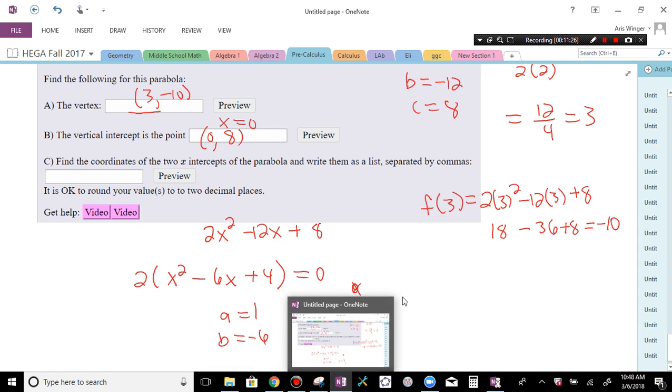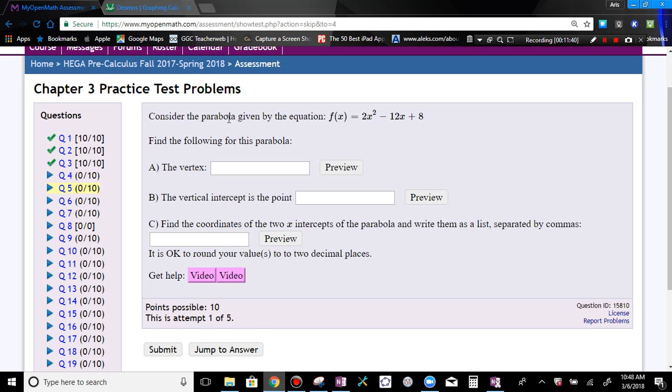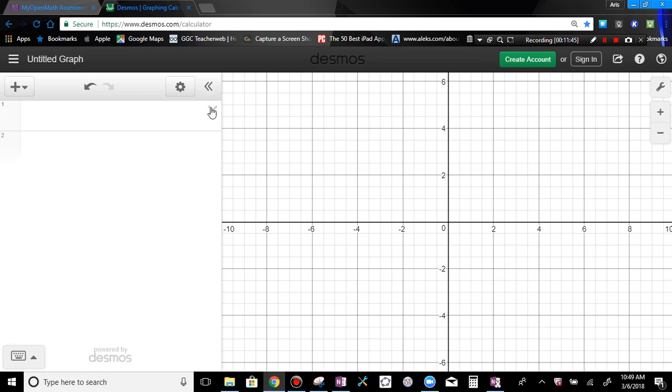So let's take a look here. We'll see whether they want the points or just the x-coordinates. But it's 2x squared minus 12x plus 8.